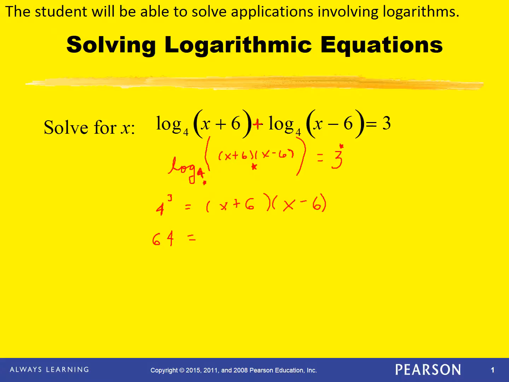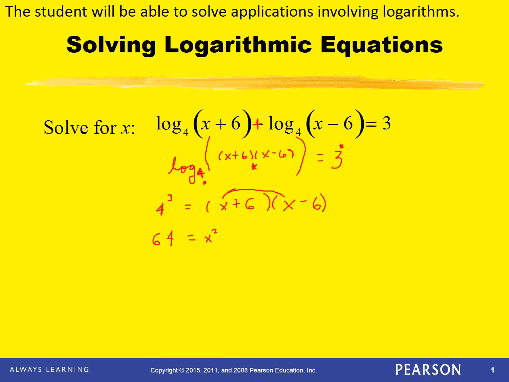So 64 is equal to, well, now this is going to be a quadratic equation, right? We're going to have an x squared. So we're going to want to get everything on one side, and we're going to want to combine like terms.